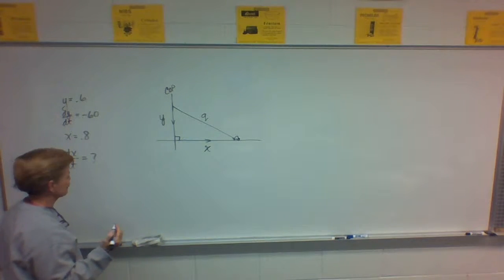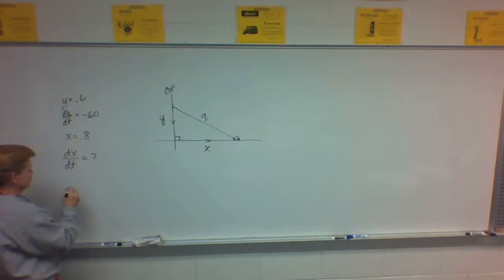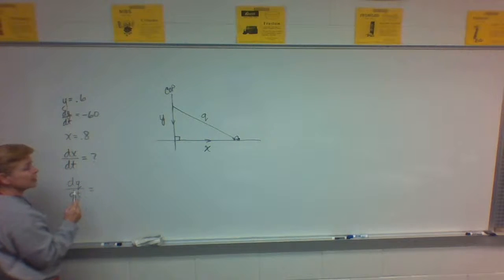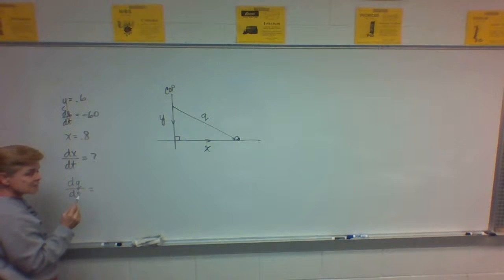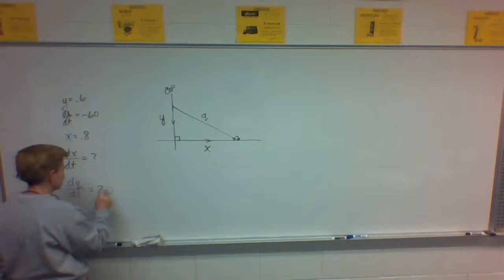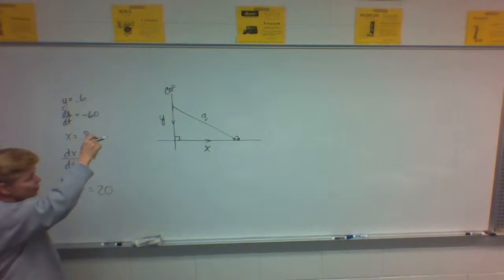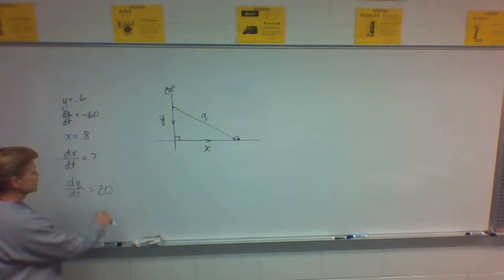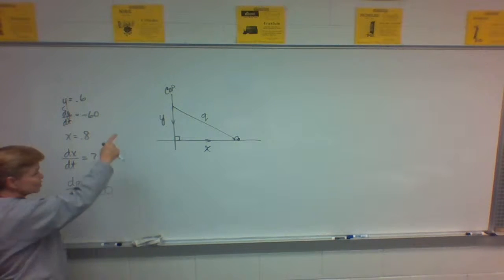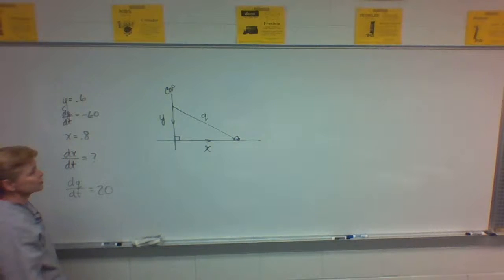It's increasing by 20 miles per hour. We call that dq/dt. At a certain instant in time it is changing. Is it getting bigger or smaller? Bigger. So this is 20 miles per hour. That's how fast that length between the cop car and the other car is changing at a certain point in time. But that is also a variable quantity, so it just has to sit there as a variable.